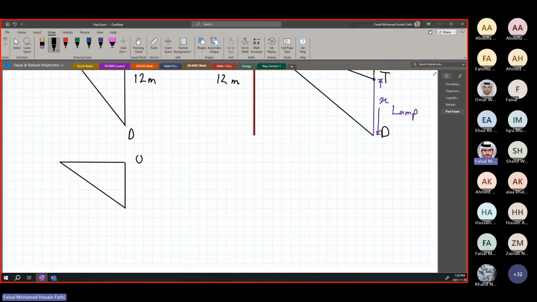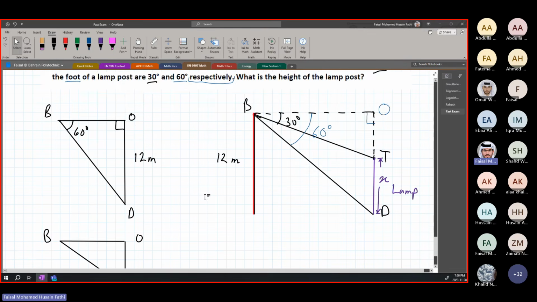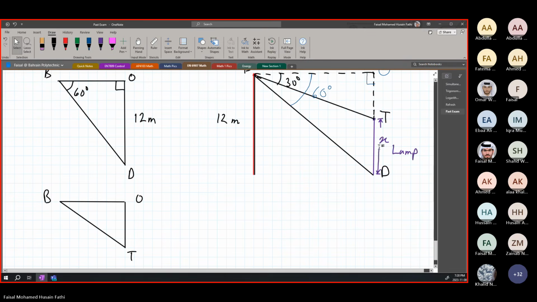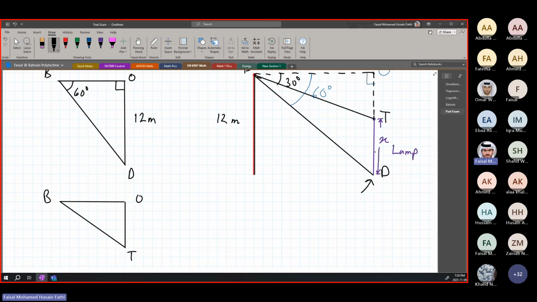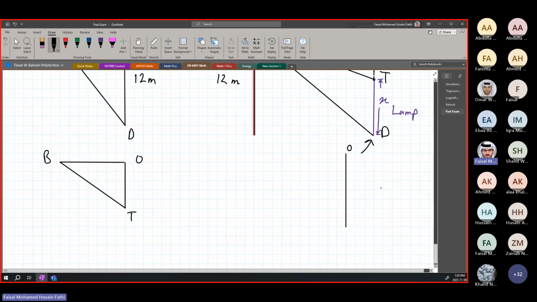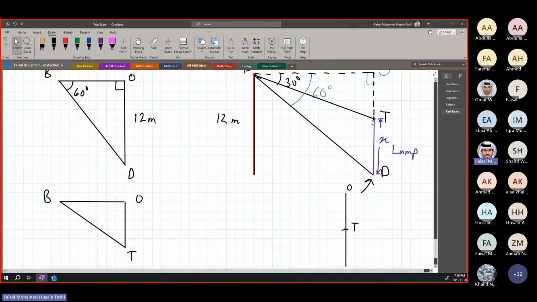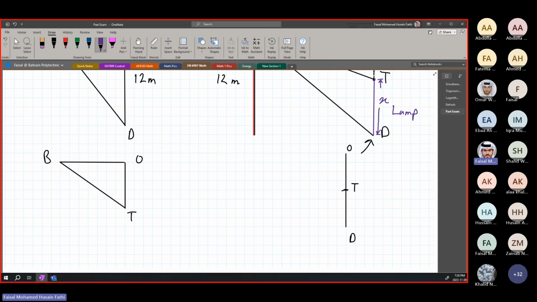Again, this is point O. This is point B. But now this is point T. Now, we need to find the X. As you can see, we don't have the X in the equation, but as I said earlier, this vertical side, if I redraw it here, then this is O, this is D, and at some point here, let's say this is T. This is our lamp.